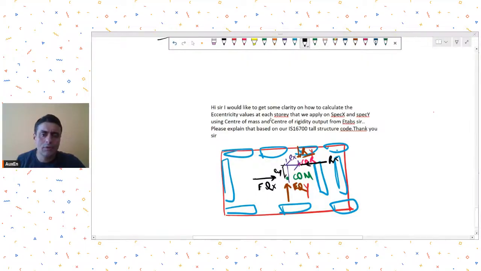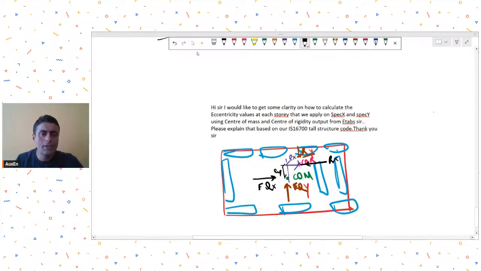So this is how you have to calculate eccentricity. At each floor, you will have to calculate the difference in the center of mass and center of rigidity. Accordingly, you will get two eccentricities in X and Y. Then you will have to use them in calculating your in-plan torsional moments. So that is what your code also tells you.